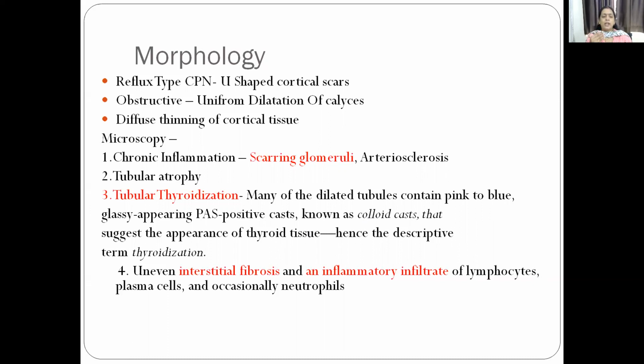In the same way here in the tubules, we see a PAS positive cast known as the colloid cast, and the descriptive term used here is tubular thyroidization. Okay, so interstitial fibrosis and inflammatory cell infiltrate, which include lymphocytes, plasma cells, and occasional neutrophils. Just remember the things which are there and what all you see.